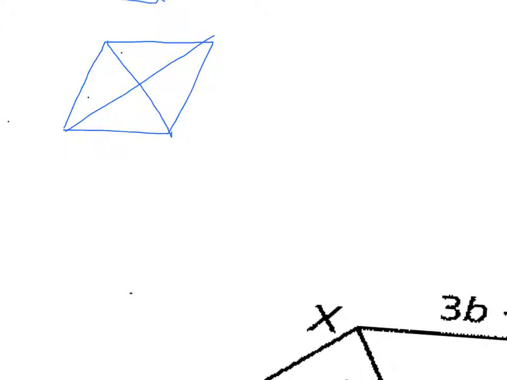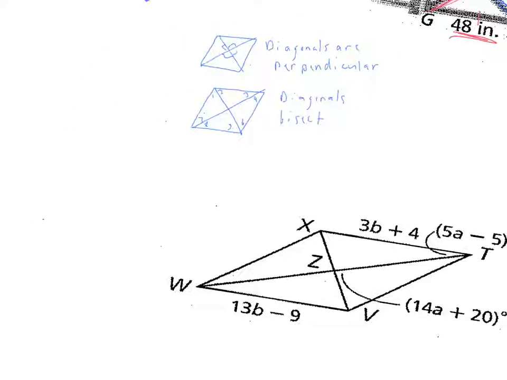So if we had angle 1 and 2, for example, those would be congruent because they're bisected. 3 and 4 would be congruent to each other. 5 and 6 would be congruent to each other, and 7 and 8. Okay, so those diagonals bisect each of those angles. So write down that diagonals bisect. Okay, so those are the two things that you need to know about rhombuses.